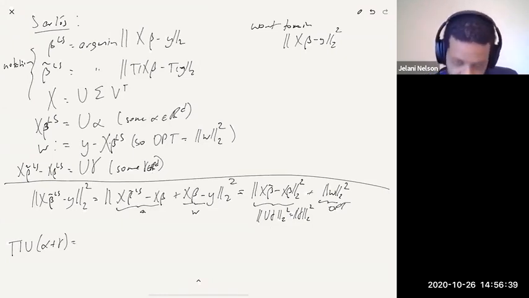So just by definition, this is equal to pi times x beta tilde, I guess.